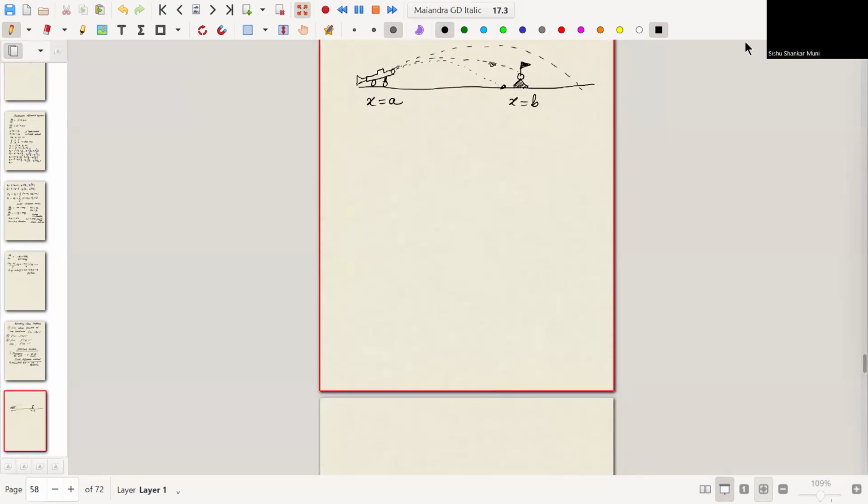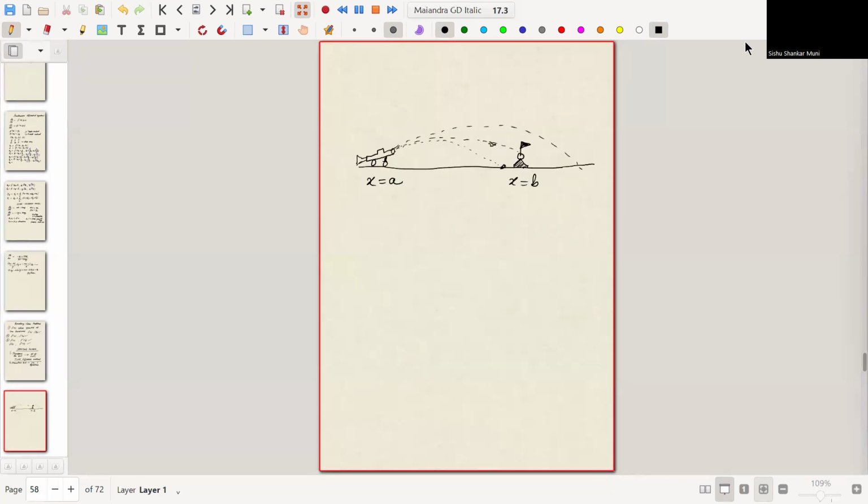So this is our required trajectory, so that you start from x equals a, you fire at this angle at this much speed so that it will hit the target, right? This is the motivation behind the shooting method.